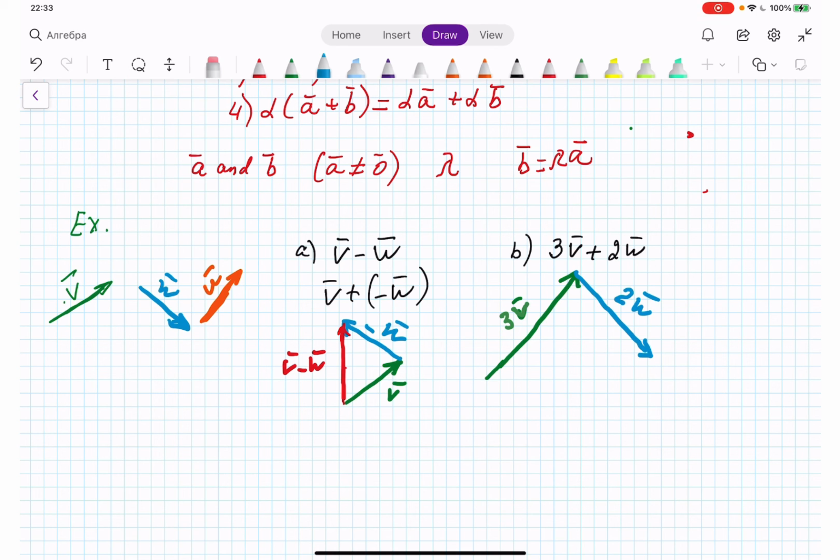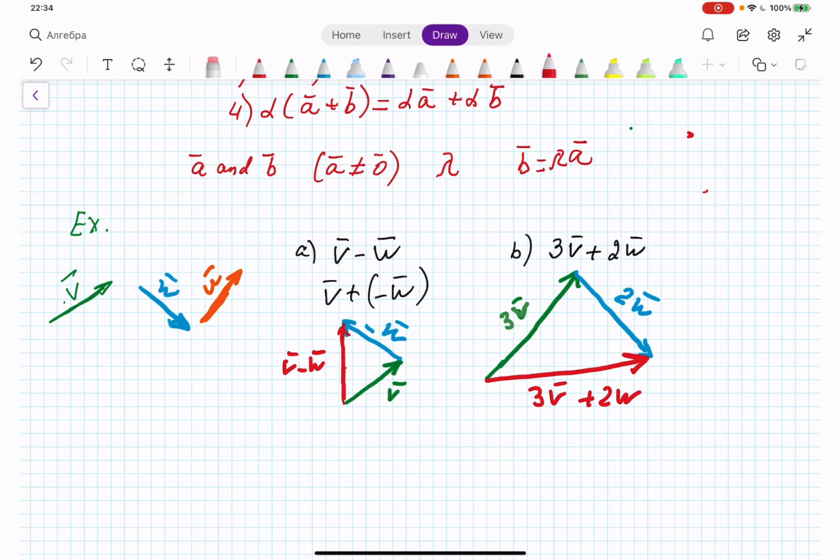And the result is going to connect the beginning of 3V, since addition connects the beginning of the first vector to the end of the second vector. So this is going to be 3V plus 2W.